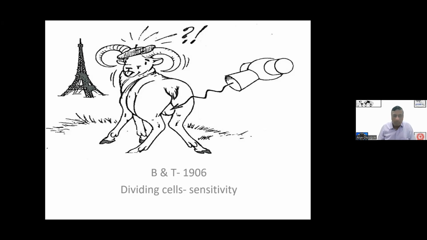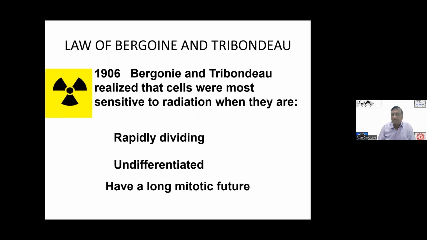That is the basis of our radiobiology, and they realized from the experiment that cells that are dividing and multiplying are highly radiosensitive, because the sperm and the skin cells had different sensitivity, different response to the same amount of radiation. They found that rapidly dividing, undifferentiated cells with a long mitotic future are highly radiosensitive.